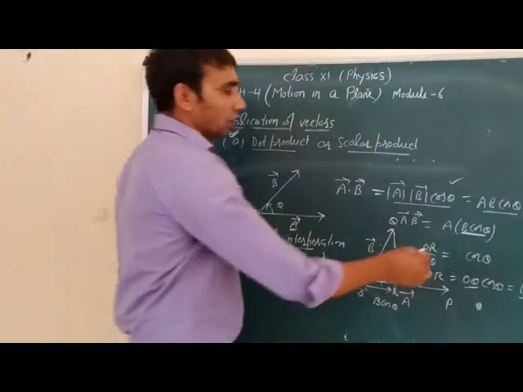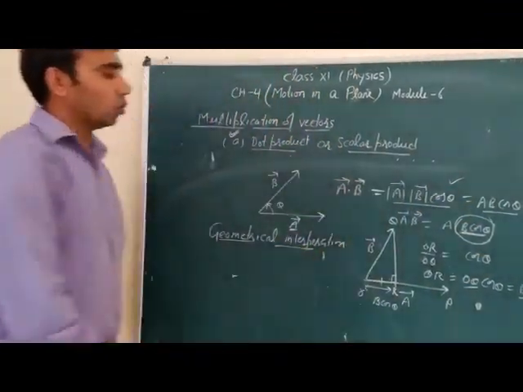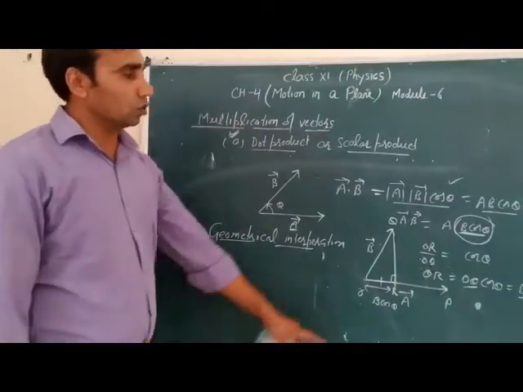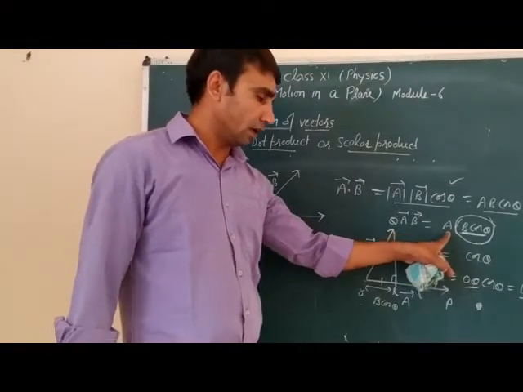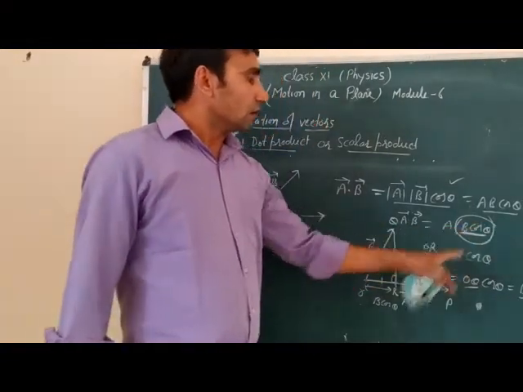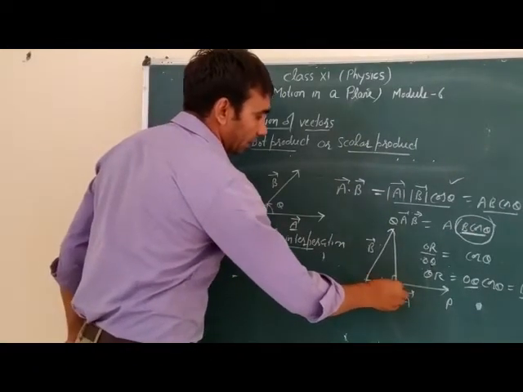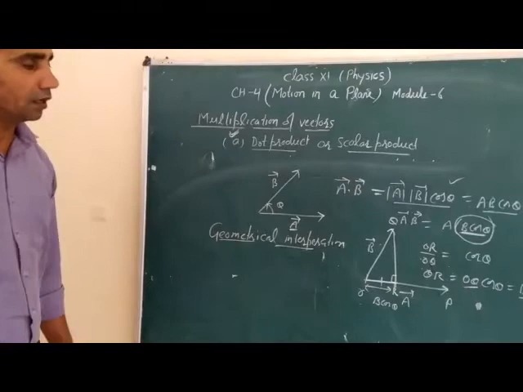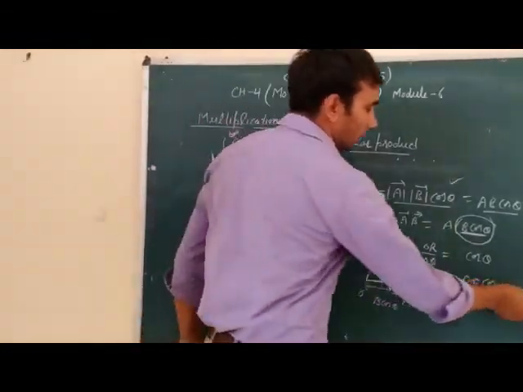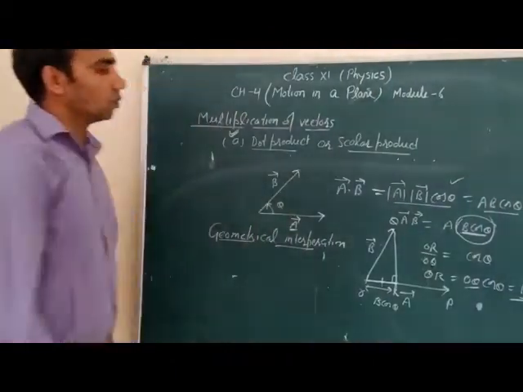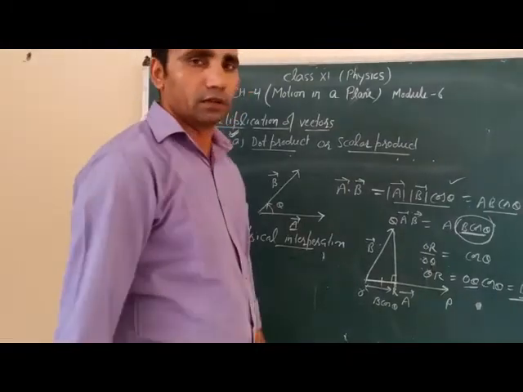So the dot product is the magnitude of vector A multiplied by B cos theta, the projection of vector B in the direction of vector A. That is, A dot B equals A times B cos theta.